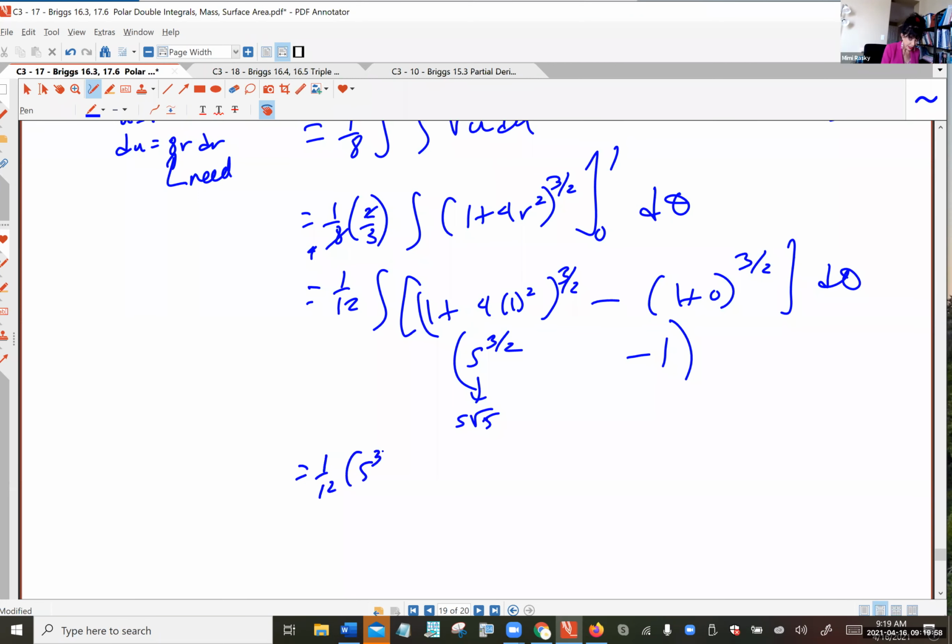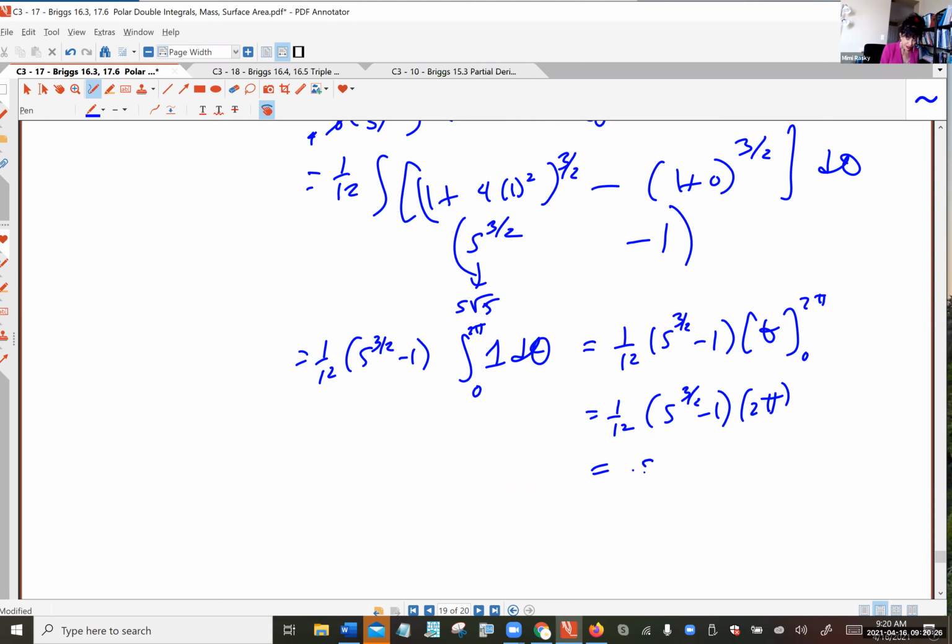Now you're just doing the last integral where there's only a 1 left in the integrand. Well, that's easy. So you've got this weird number, 1/12 times (5 to the 3/2 minus 1), and you integrate 1, that's just theta going from 0 to 2 pi. So you're going to get 1/12 times (5 to the 3/2 minus 1) times 2 pi. Please reduce to lowest terms, otherwise I dock you a point.